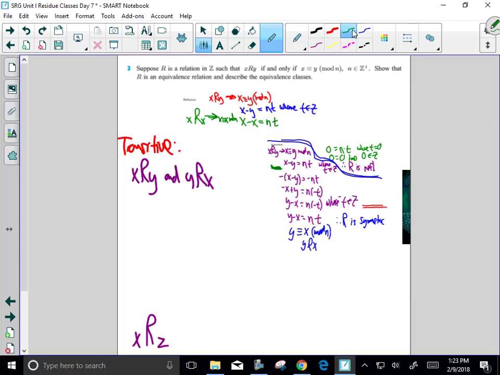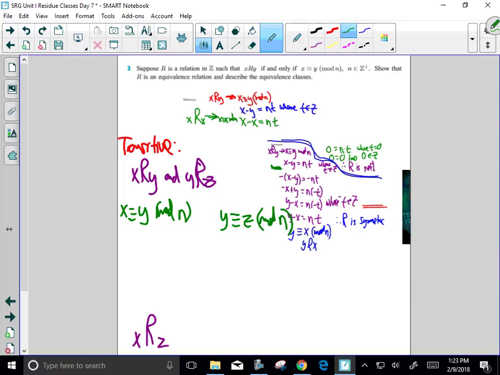So we can write these equations. x R y, we already know, is x is congruent to y mod n. And y R z, y is congruent to z mod n.